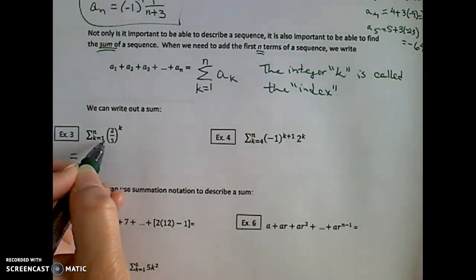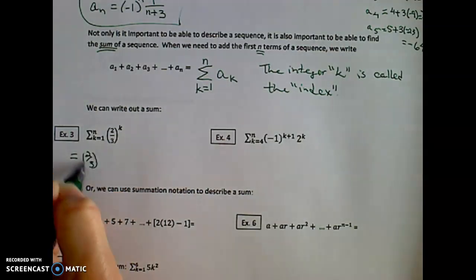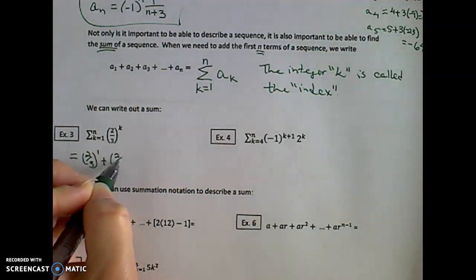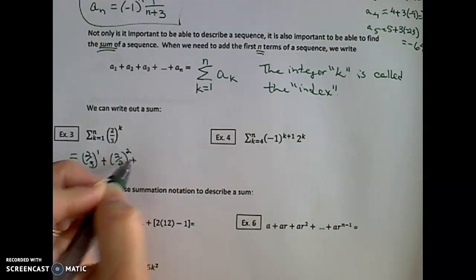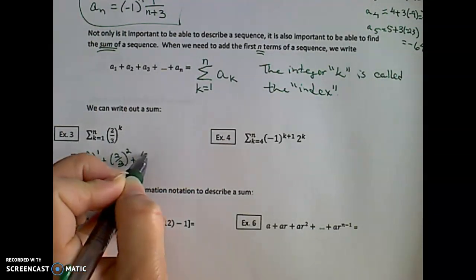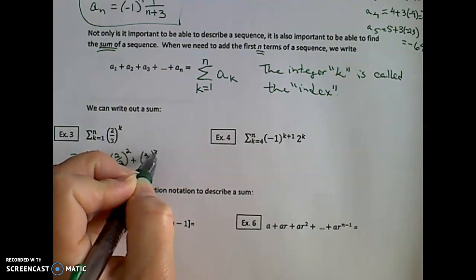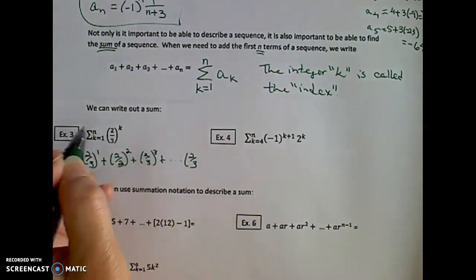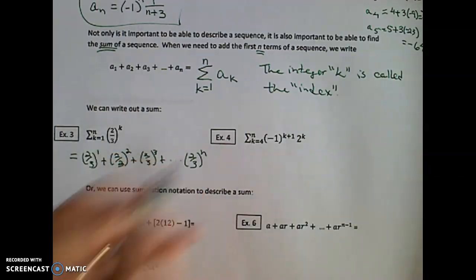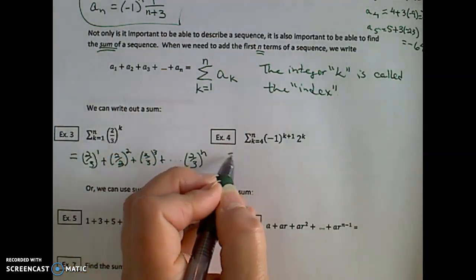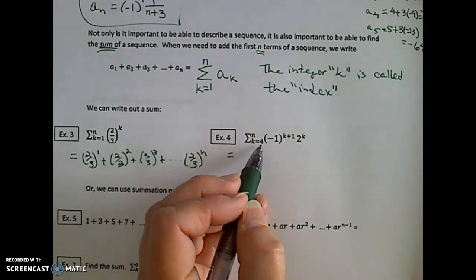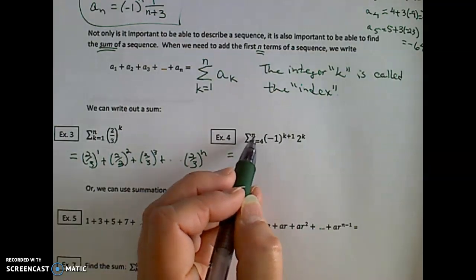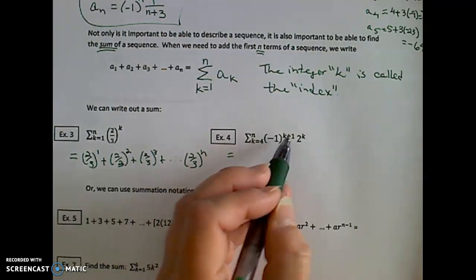It would look like, starting at 1, 2/3 to the 1, plus 2/3 to the 2, k is my counter, plus 2/3 to the third, all the way up to 2/3 to the n. This tells me where to end at some number n. If I expanded this sum, now my index starts at 4, from k equals 4 all the way up to n. So I'm going to start my count at 4.